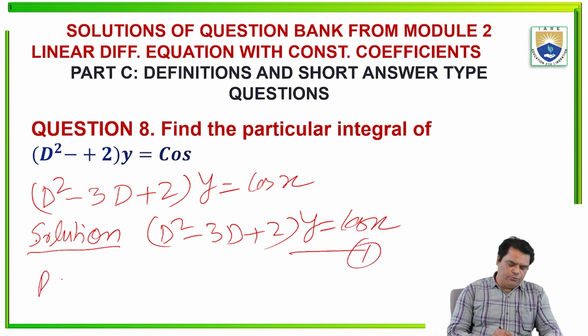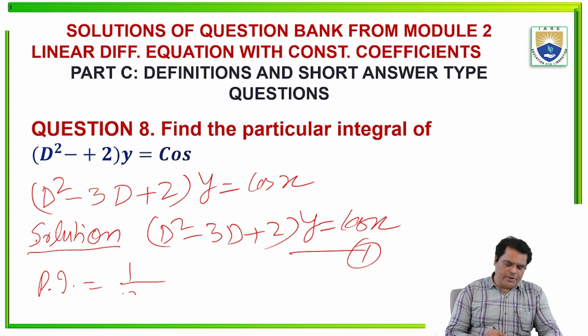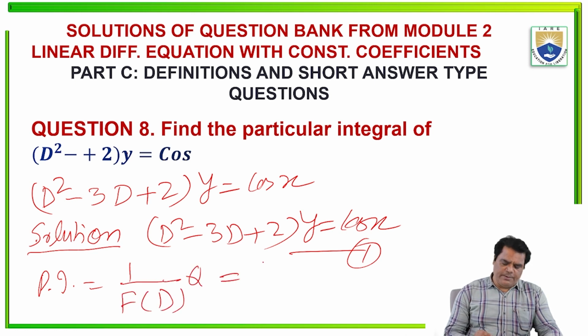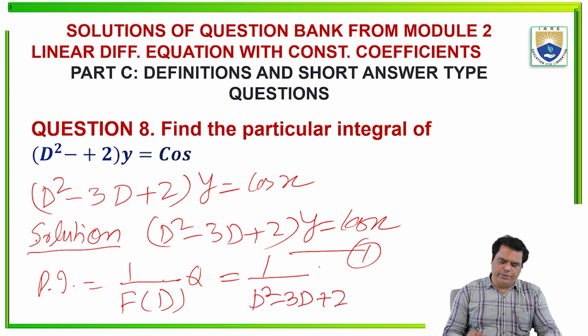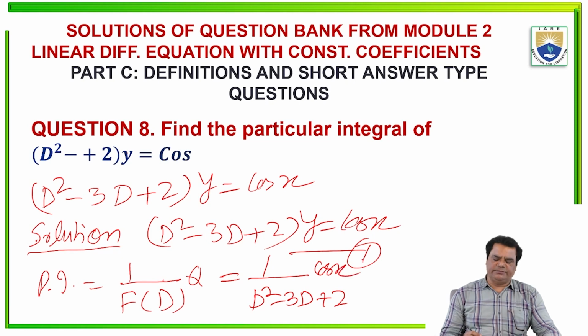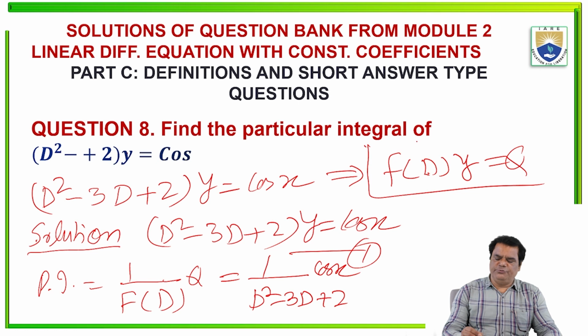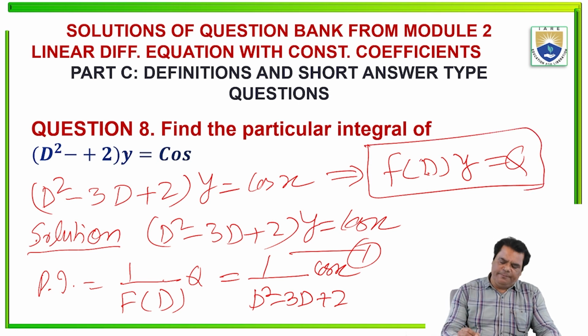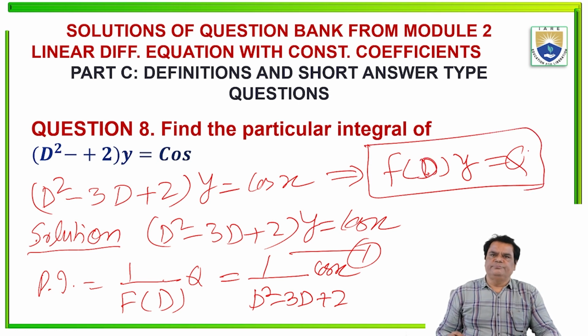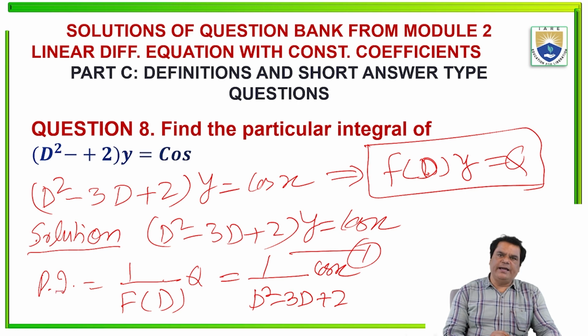Now P.I. is equal to 1 upon f(D) into Q. This is the formula. Here f(D) is D square minus 3D plus 2, and Q is cos x. Basically this equation is written as f(D) y equal to Q. So when we find P.I., it is 1 upon f(D) Q, where Q is cos x here.